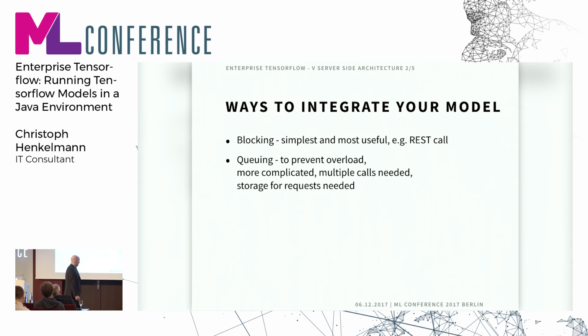Just in case your model is either very, very complicated, or you allow a lot of data to be sent at once, or you want to prevent your server from being bogged down from too many requests, you can use queuing. So what you will do in this case, you send your data to a server, and then there are multiple ways to do it. In my simple example here, I just return a token to the sender, and the sender can check if the processing is done with this token.